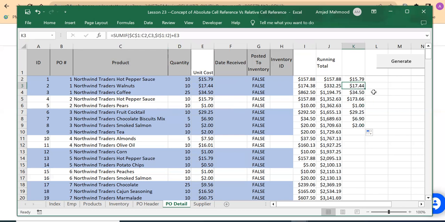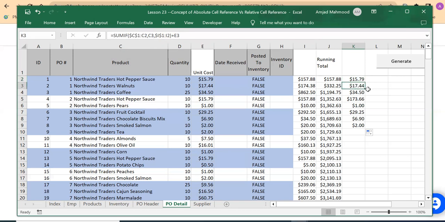17.44. Why is it? Because we have made the sum range here. This is our sum range, 174. So the sum range is I2, 174, 174 plus, okay.